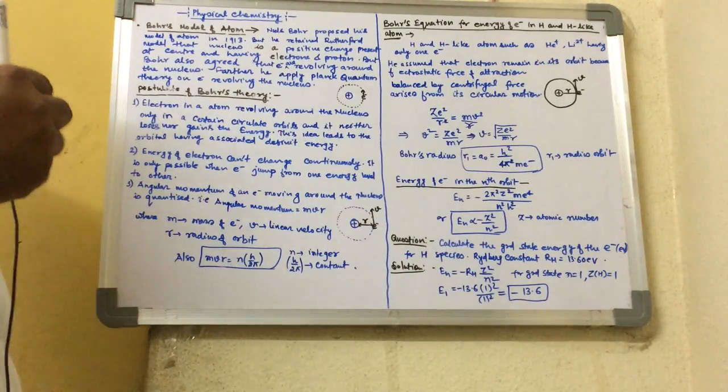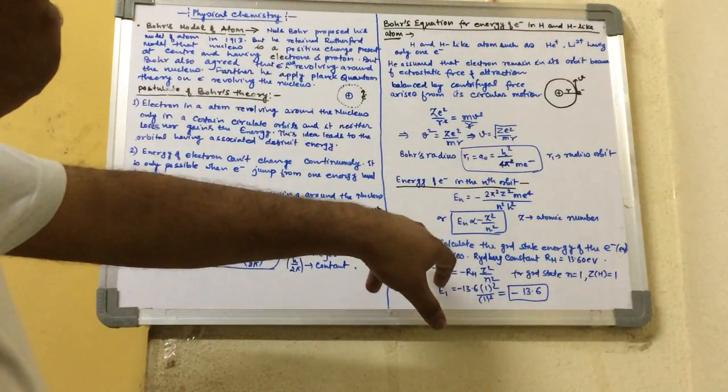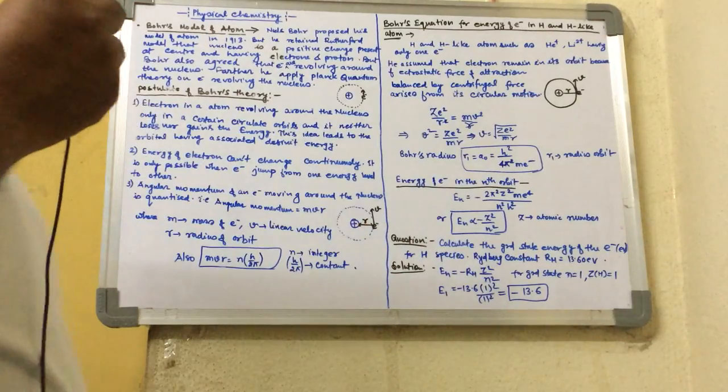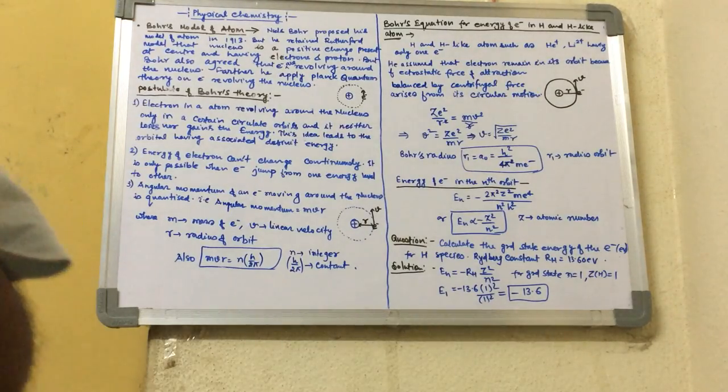In several exams, several questions related to this formula have come. So I put one question here: calculate the ground state energy of the electron in electron volts.